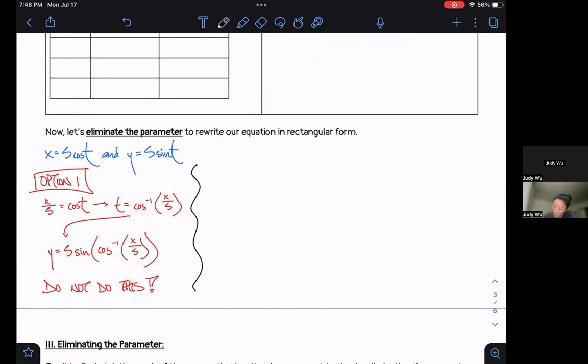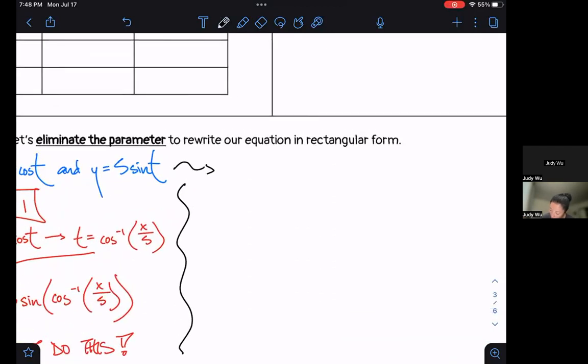But I claim that we can take this and eliminate the parameters, meaning get rid of the t's, in another way, so that we can actually tell what shape this is. This is also going to help prepare us for chapter 10, so pay attention, because the work we're putting in here is going to be helpful for chapter 10. So let's take our equations and solve for cosine t and sine t.